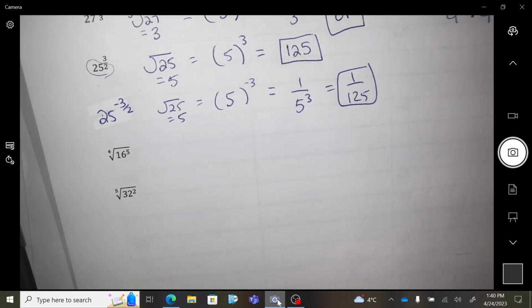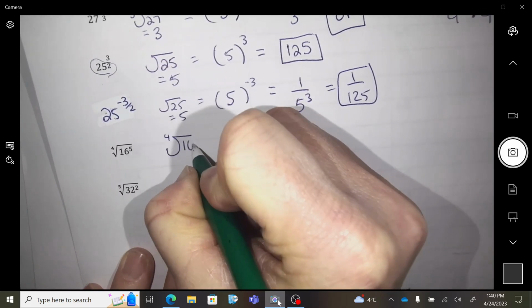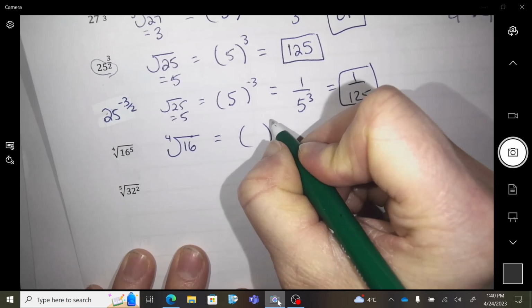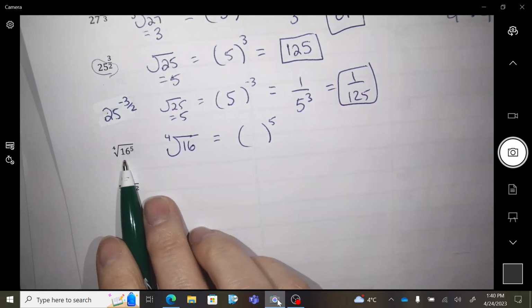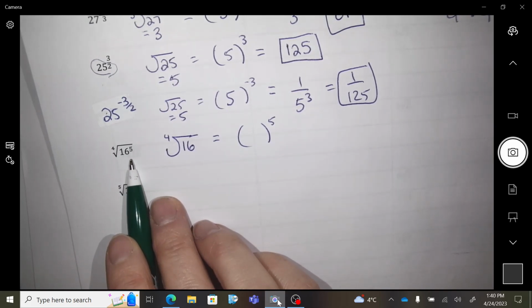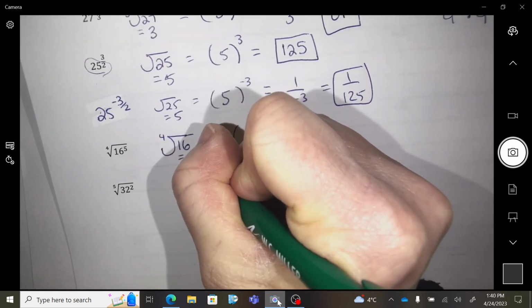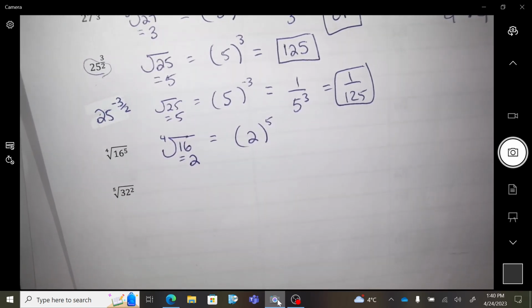Okay, 2 more. What is the 4th root of 16 and then I will do it to a 5th? It's going to be 2. 2 times 2 times 2 times 2 is 16.